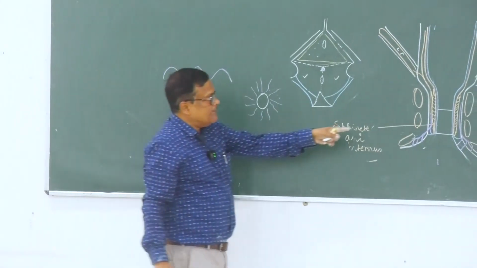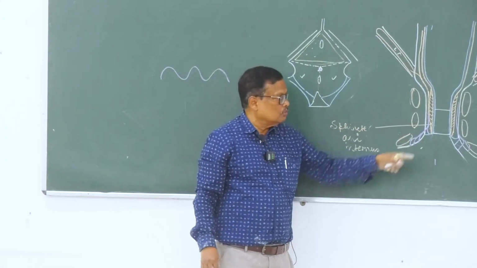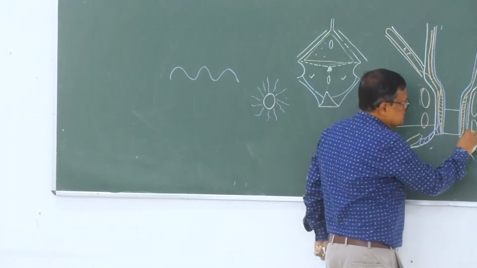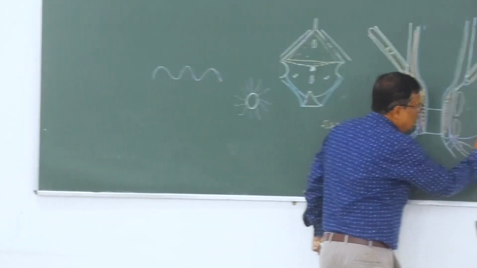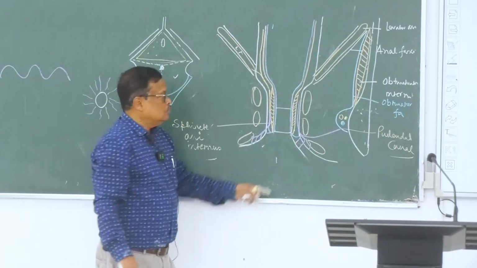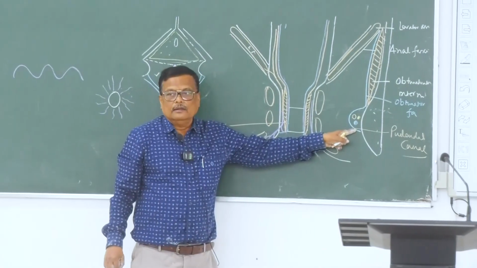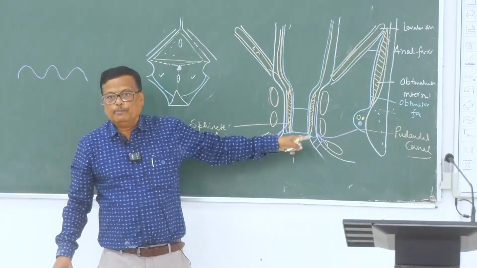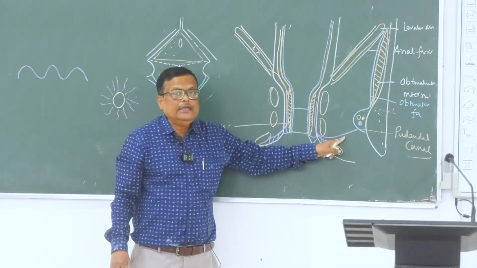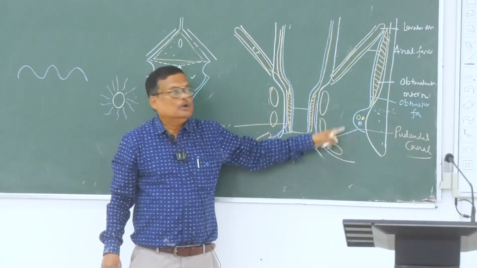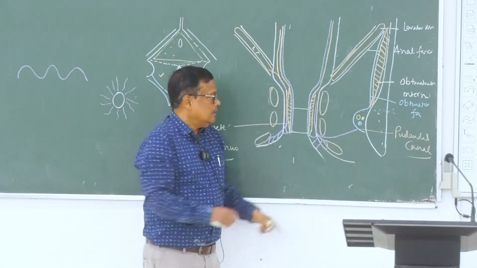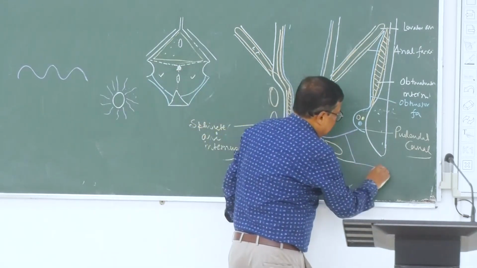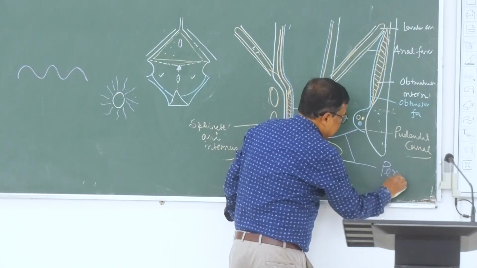And one of the septa, খুব ভালো করে শোনো, one of these lateral septa goes here directly to go to the pudendal canal. It is the pudendal canal, and it is known as the very important, এটা লাগবে আমার, perianal fascia. ওটা ছিল anal fascia, এটার নাম হচ্ছে perianal fascia.